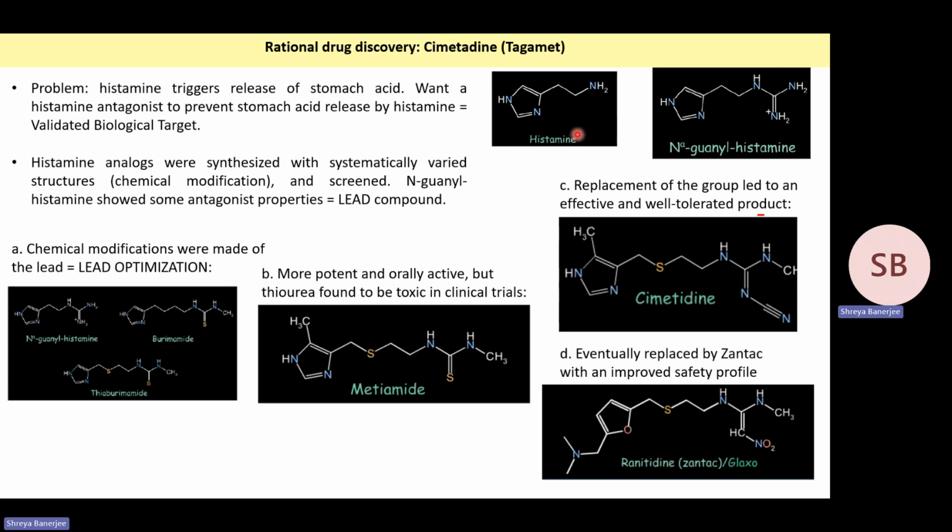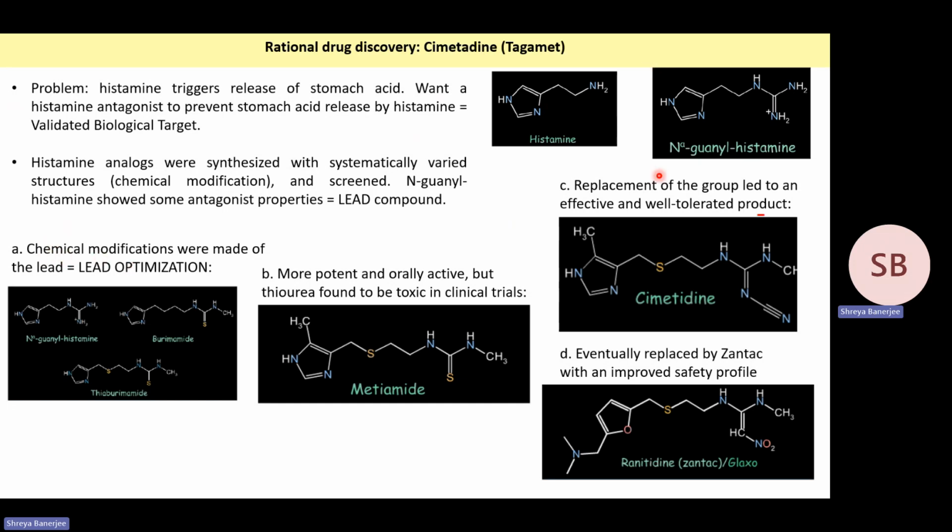So starting from histamine, analogs were synthesized with systematically varied chemical modifications. So initially, N-alpha guanyl histamine was synthesized from histamine, where in the NH2 of histamine, a guanidine group was added. So this was the first chemical modification that was done. And similarly, several other analogs of histamine were synthesized.